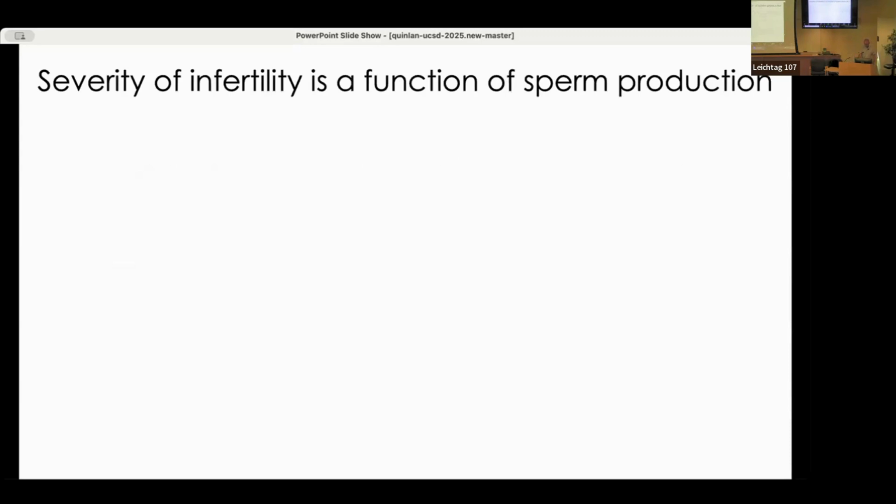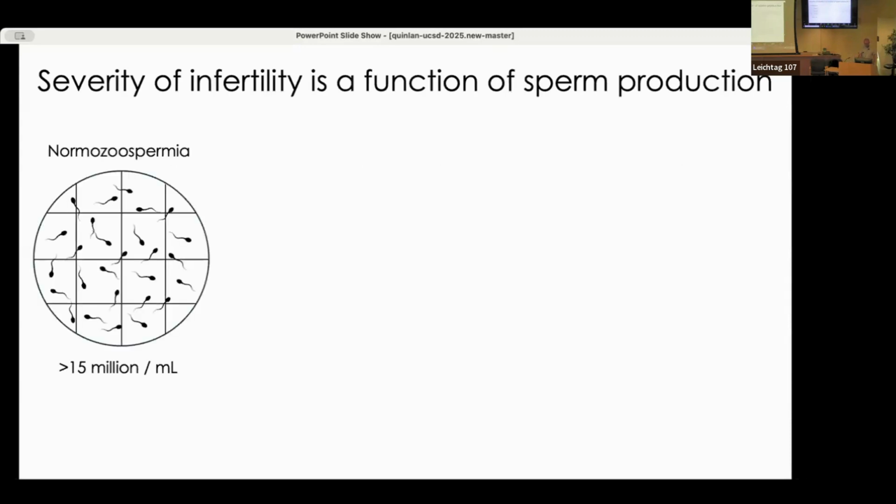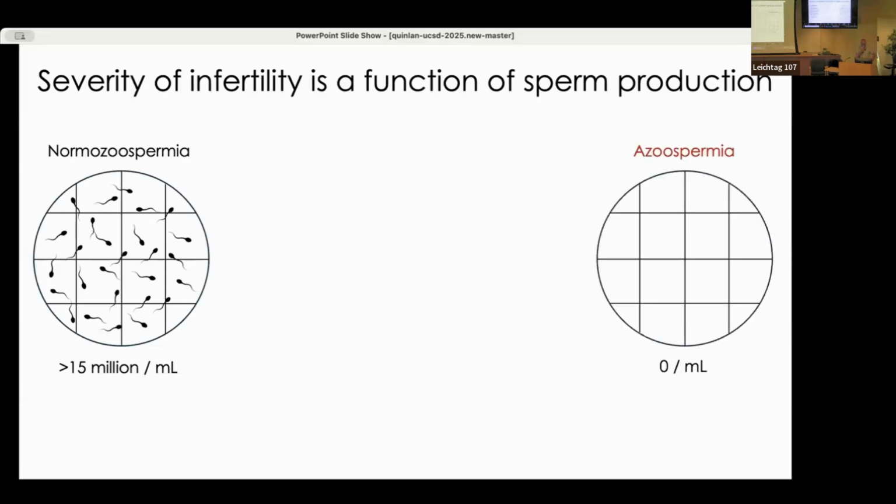So severity of infertility is a function of sperm production. Here is a cartoon representation of what a typically fertile or normozoospermic male would look like, where we have at least 15 million gametes per mil. At the extreme end is the focus of a colleague of mine named Doug Conrad. He studies the genetics of azoospermia, where there's no sperm produced without obstructive issues. Basically there's no sperm production.